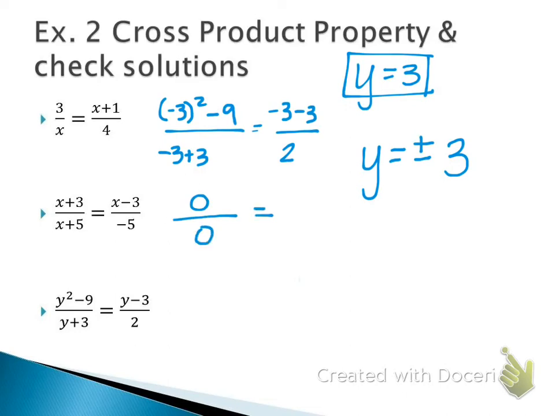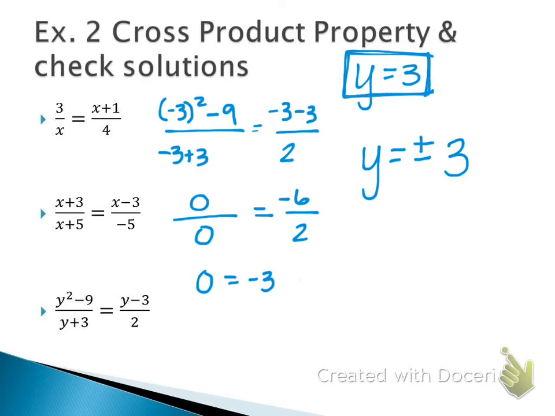Negative 3 minus 3 is negative 6 over 2. So now I've got 0 equals negative 3. Is that a solution? Isn't it undefined? No, it's not. It is going to be 0, okay? Anyways, the negative 3 is not going to be a solution. So therefore, my only answer is y equals positive 3.